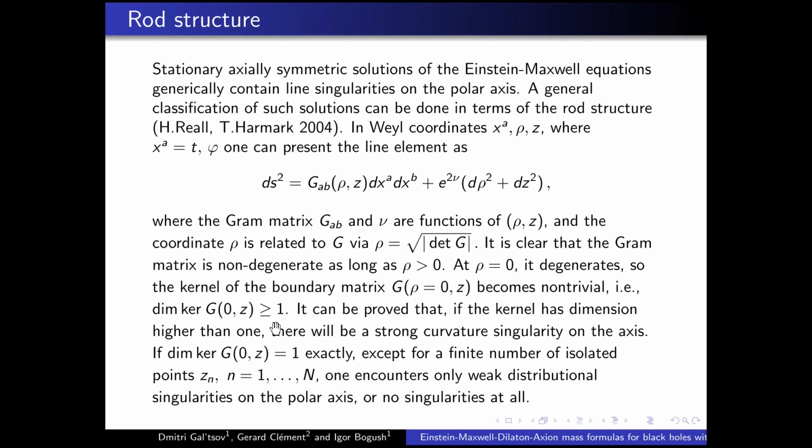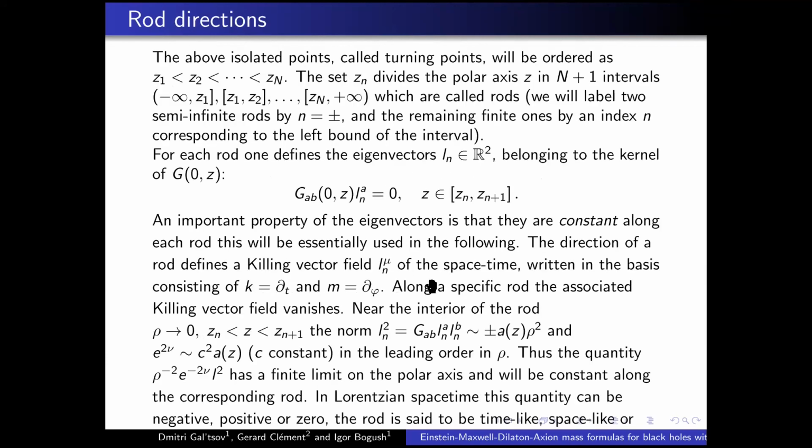But if it is equal to 1, it will be a weak singularity of the string type. So it's a distributional kind of Ricci tensor. And this is just what we need. It is usually the story of struts, cosmic strings, and Misner and Dirac strings.